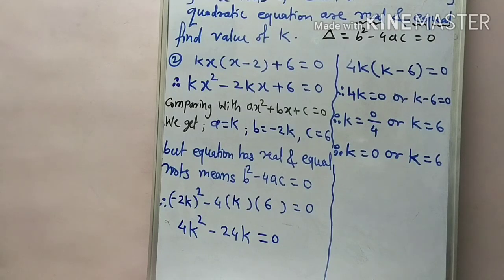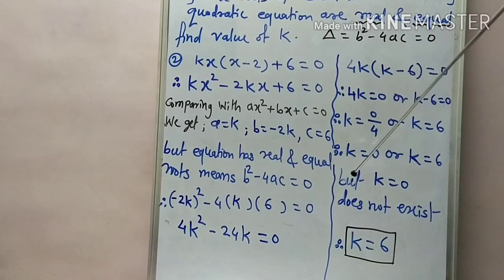Okay, so here we write down k equal to 0 does not exist. Okay, why does it not exist? Because if we put k as 0 here, then only 6 equal to 0 remains, which is not true, and therefore we cannot take the value of k as 0, and hence the only remaining value for k is 6.